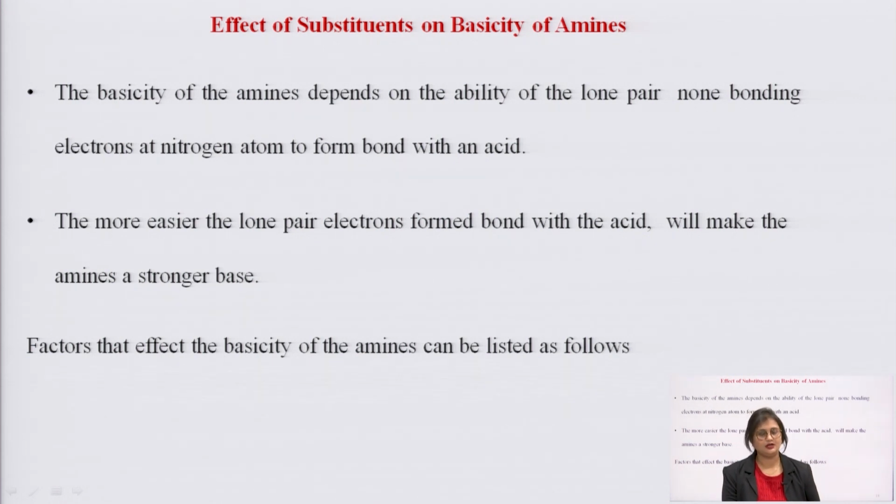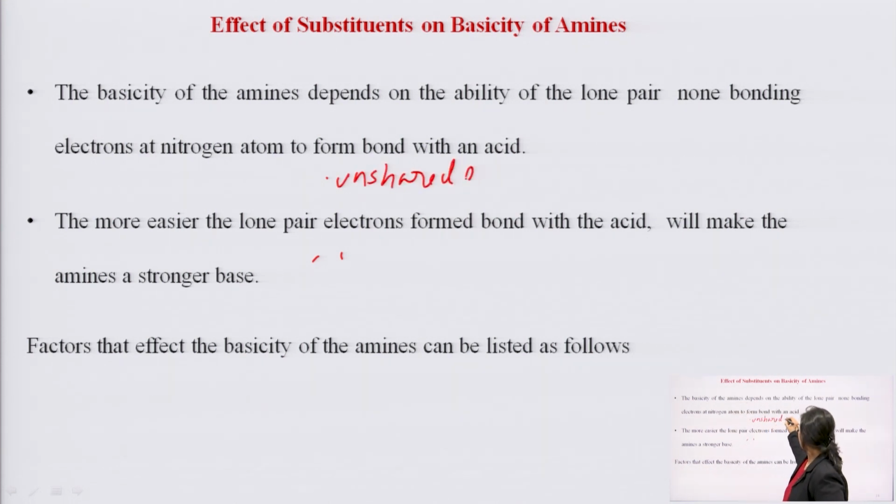Very simple. So, basicity depends upon the ability of the unshared electrons, or the lone pair of electrons, to form a bond with the acid. The more easily the bond gets formed, the more basic is the amine.